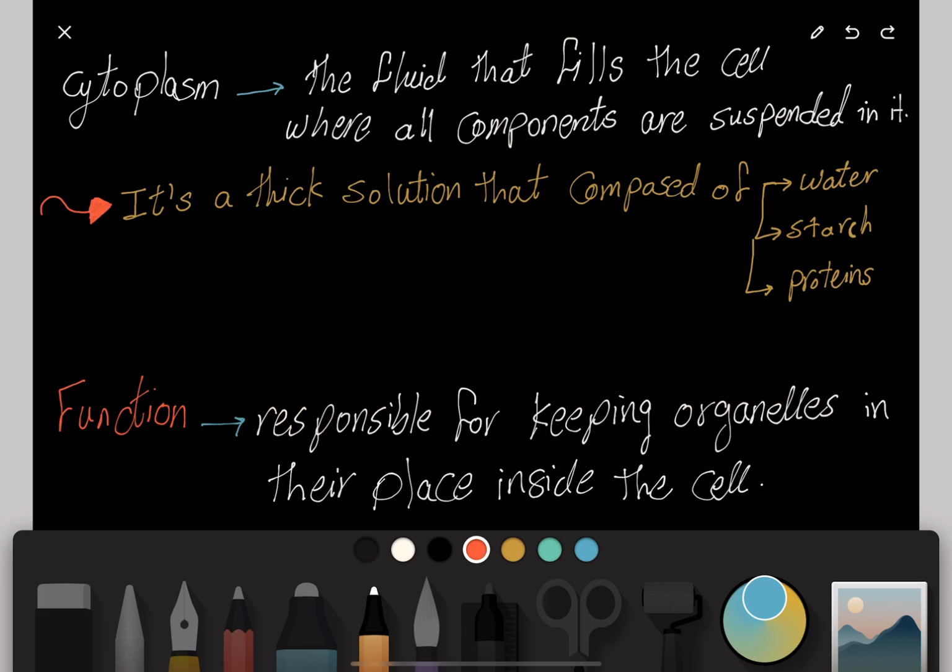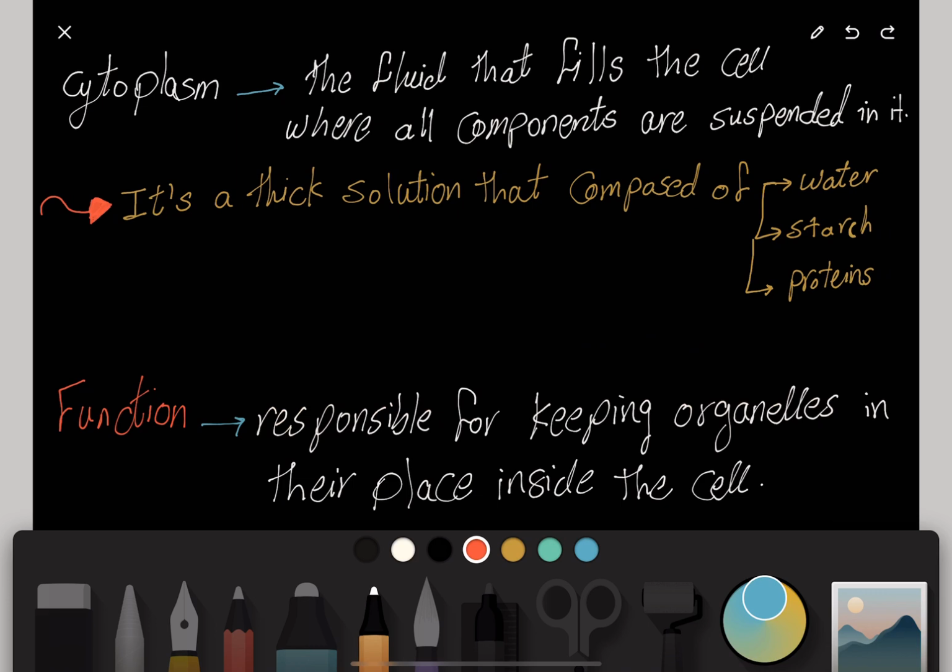What is the meaning of fluid? It's a thick solution.